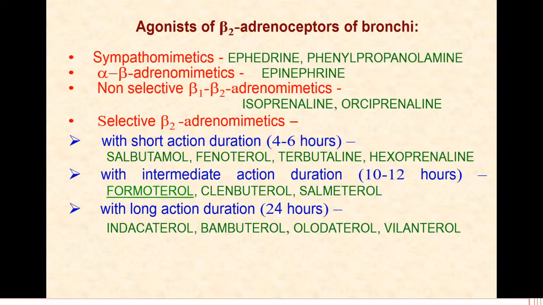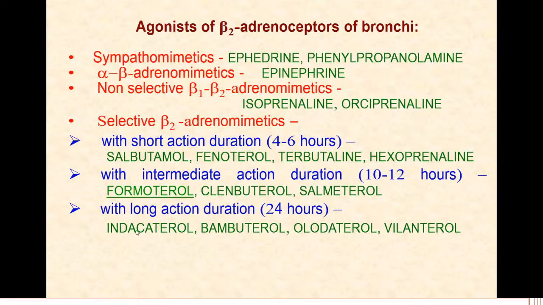That is why, comparatively to the first group, it's possible to use these drugs once or twice daily. But as for onset, clenbuterol and salmeterol act in 20, 25, 30 minutes. It's impossible to use them to stop an acute attack.